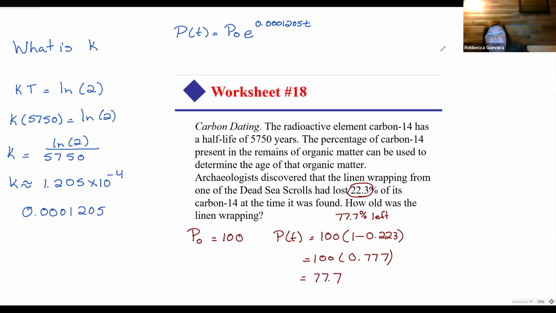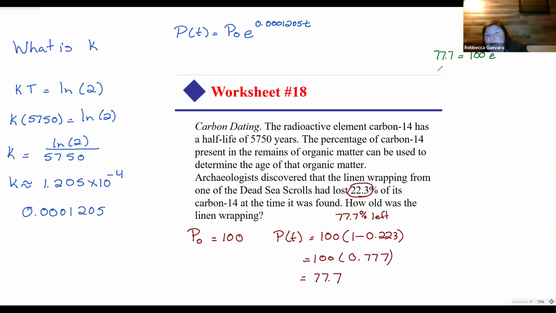So we're going to say P sub t is 77.7. We're going to say P sub naught is 100. And then we have e to the 0.0001205 t. So what we're going to have to do is solve for t.